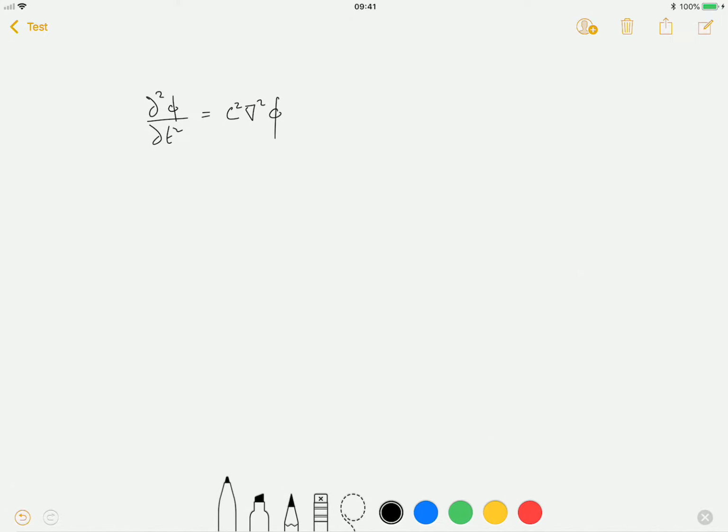Okay, so if we set our domain, that is delta x and delta y being equal, say h, then we have the following formulation.